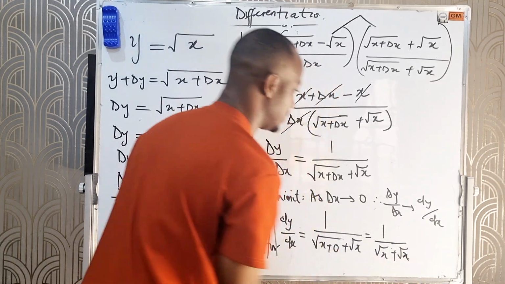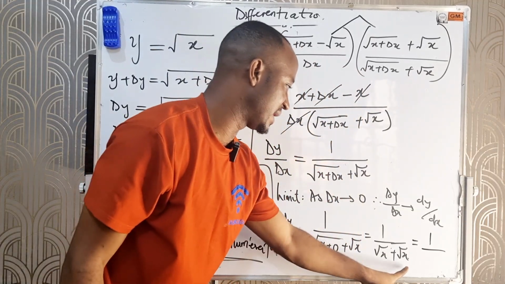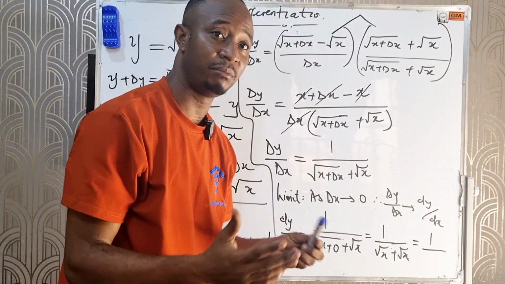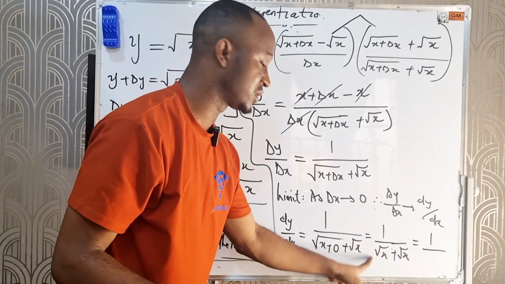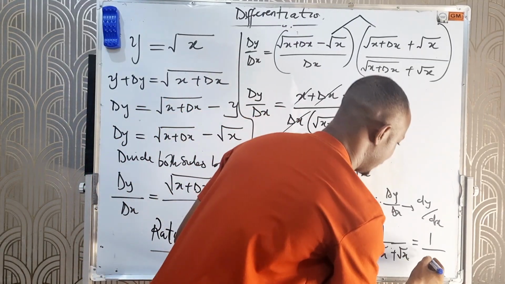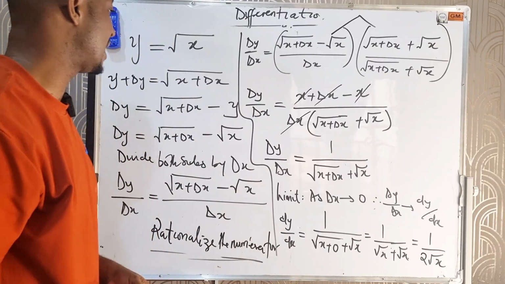By the time we evaluate further, this will give us 2 root x. If two surds have a common base, they can be added together. Just add up their coefficients. Coefficient of this surd here is 1. Here was 1. So 1 plus 1 is 2. Here becomes 2 surd x as the final answer.